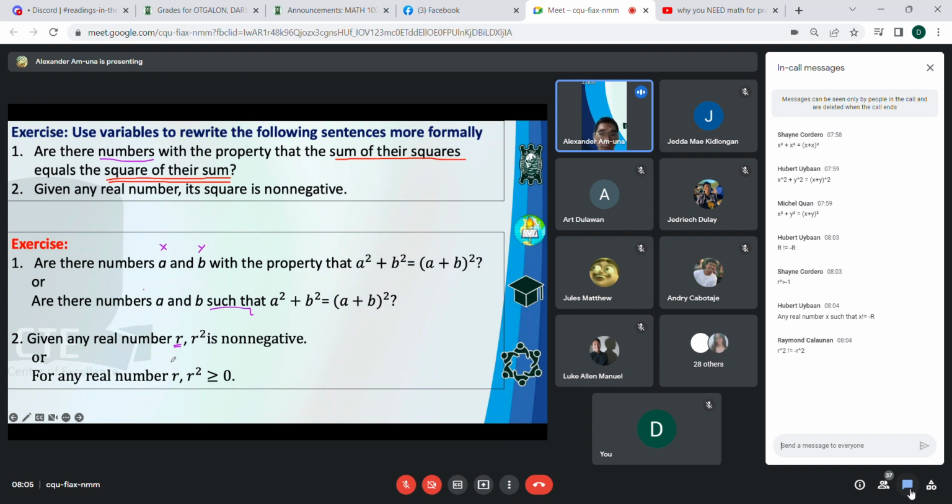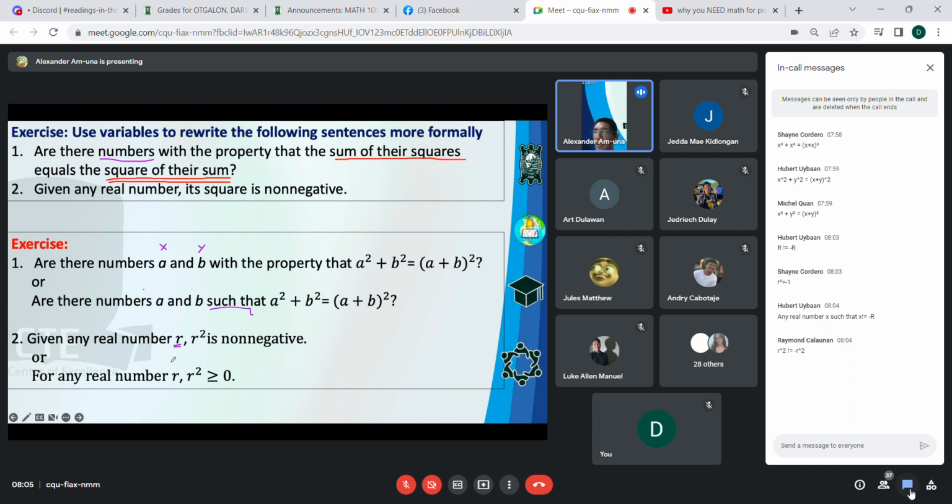If you are not sure with the value, we can use a variable to represent that. So we say, given any real number, what is that real number? Assign a variable R. Its square is non-negative. Then we say R squared is non-negative.